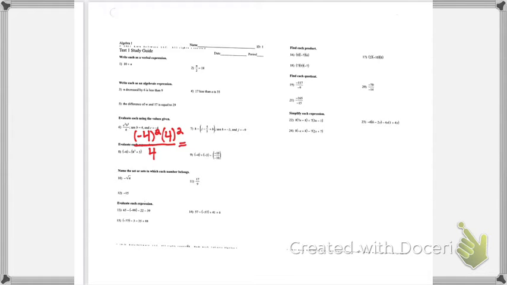Well, (-4) squared, 2 negatives make a positive, which would be 16. 4 squared again would be 16. And then divided by 4. 16 times 16 is 256 divided by 4, which gives me an answer of 64.